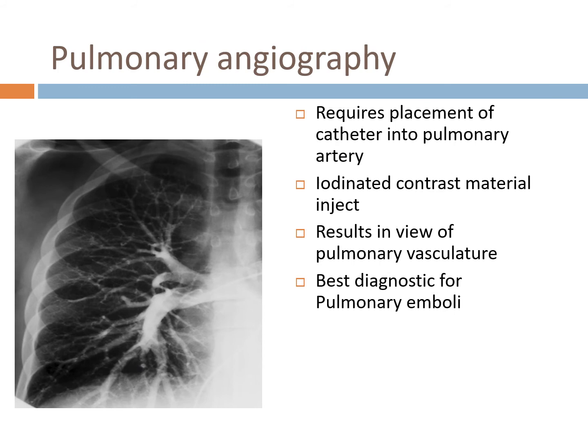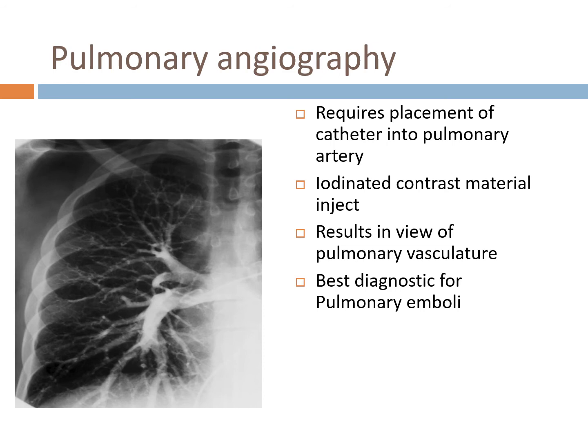Pulmonary angiography is one where it's going to require a catheter into the pulmonary artery. This is done only if the VQ scan and then the CT angiogram with the contrast is non-diagnostic and the patient's a high risk for a PE. It's also done if they know that there's a clot and that it needs to be treated.